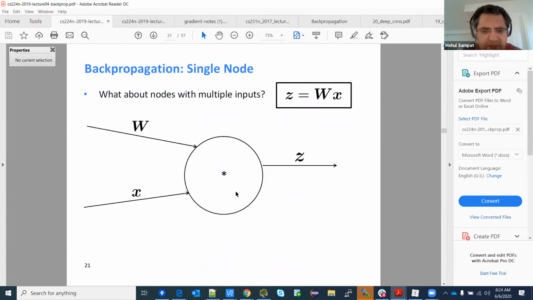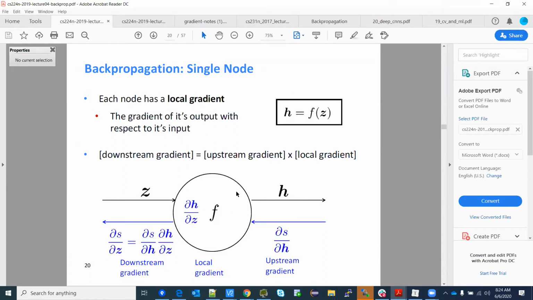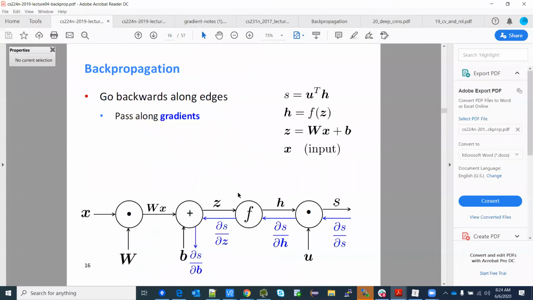Okay, thanks. The short answer is that the information flows through the network from left to right. As you see on slide 16, the input X is flowing through, along with all of the contributing pieces, the W and the B. You can think of the information as flowing from left to right. So the rightward direction is upstream, and the leftward direction is downstream.